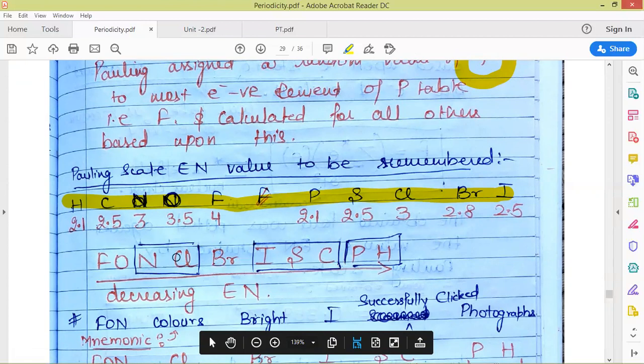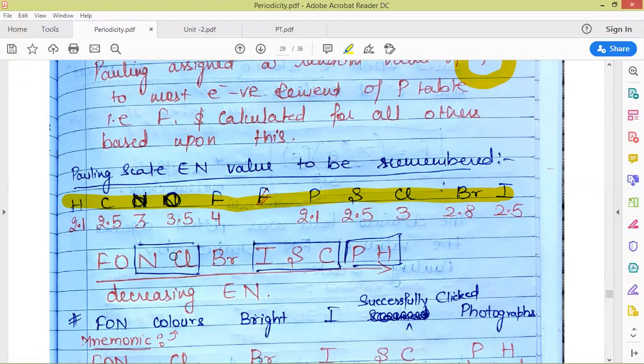The elements present in a single box have the same electronegativity value. Then comes bromine with 2.8, iodine with 2.5, sulfur 2.5, and carbon 2.5. These three have been put in a single box, so all have an electronegativity of 2.5. Then come phosphorus and hydrogen with 2.1.